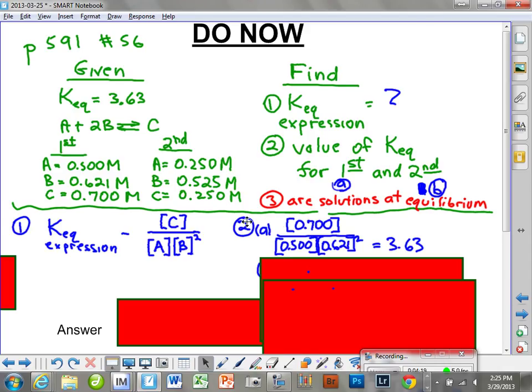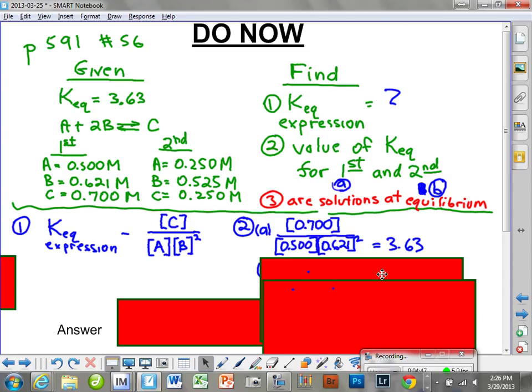We fill in C with 0.700, we fill in B with 0.62. I've got these reversed. They shouldn't be reversed, but anyway, B's over here. It really doesn't matter, but B is squared, so I've got that right. And then we've got 5 for letter A. When you square this and work the numbers, you wind up with 3.63.